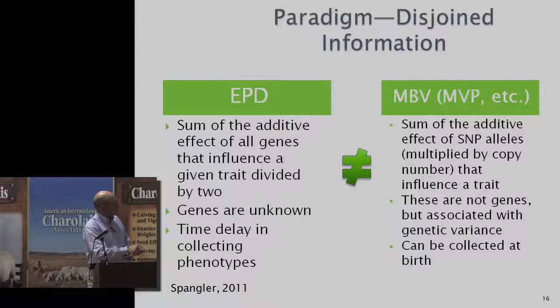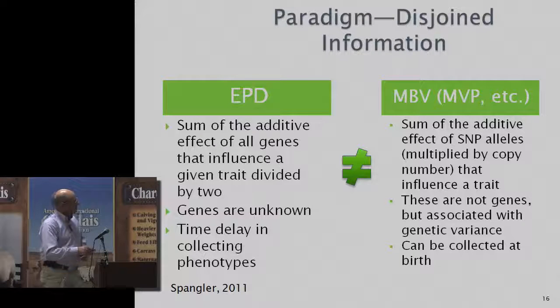The other piece of information that's generally available is molecular breeding values, and they are the sum of the allele substitution or SNP effects, and that is again a sort of part-whole relationship with the EPD. They're not the genes, but they're associated with genetic variants associated with the trait.